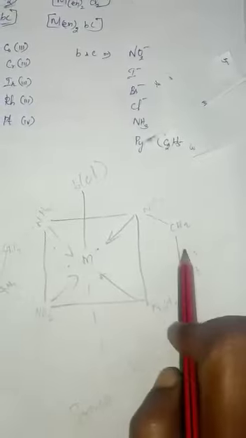Again the ethylene diamines are adjacent to each other, so it comes under cis isomer. And here also, ethylene diamine is opposite to each other, so it comes under trans isomer. Okay, we will see the remaining things in the next class.